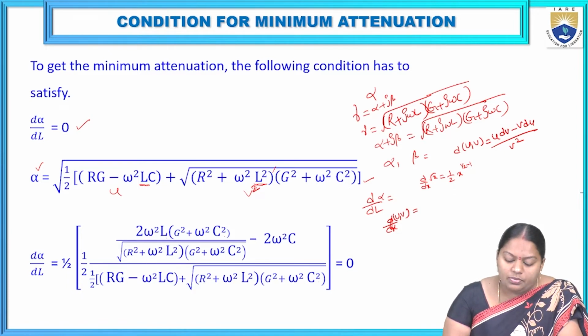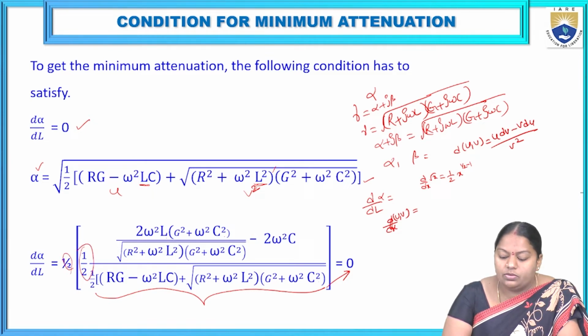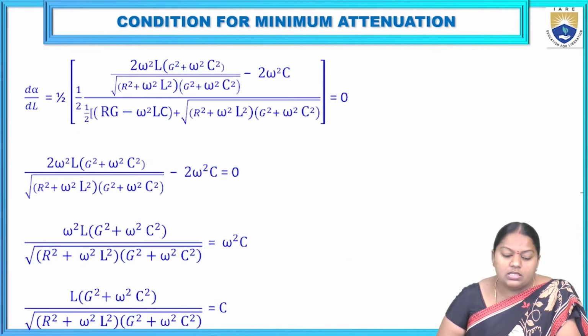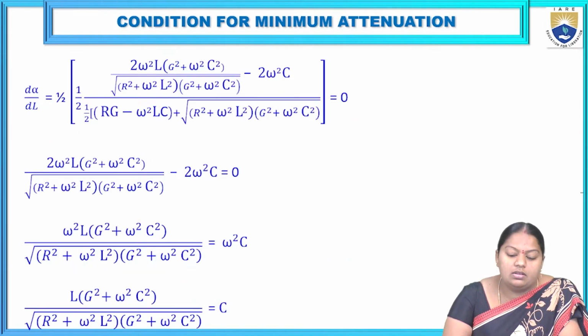Right? So if the total term is equal to 0, the entire denominator term tends to 0, followed by this 1 by 2 also equal to 0. This 1 by 2 is also equal to 0. And if you take these two, this 2 and this 2, as common, then 2 also becomes 0. Right? So now from that, d alpha by dl is equal to the total thing, which is equal to 0.